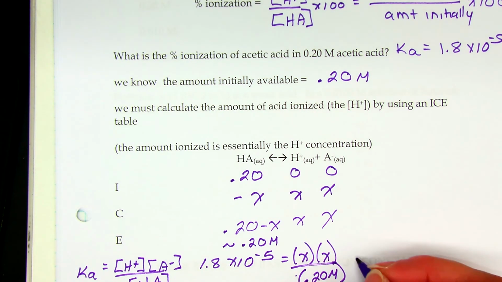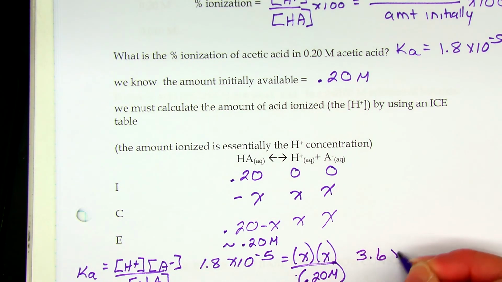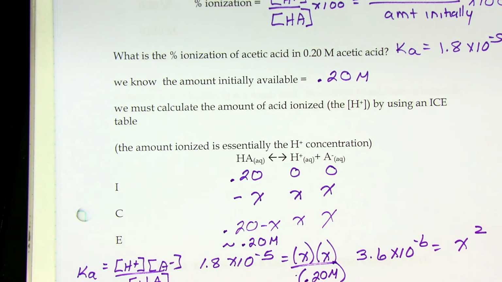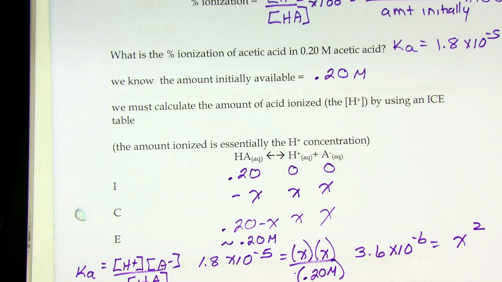Now we rearrange and we get 3.6 times 10 to the negative sixth is equal to X squared. So X, which is representing for us the hydrogen ion concentration, is equal to the square root of 3.6 times 10 to the negative sixth, and that is equal to 1.9 times 10 to the negative third molar.